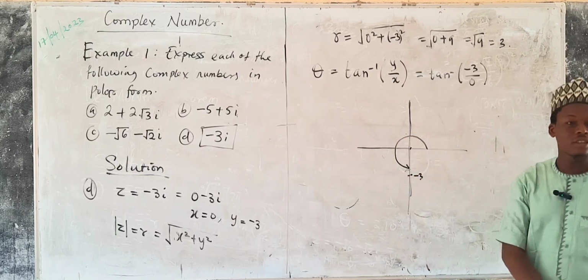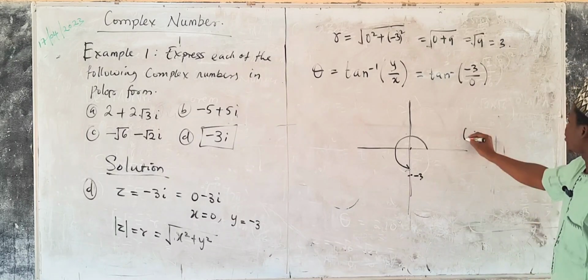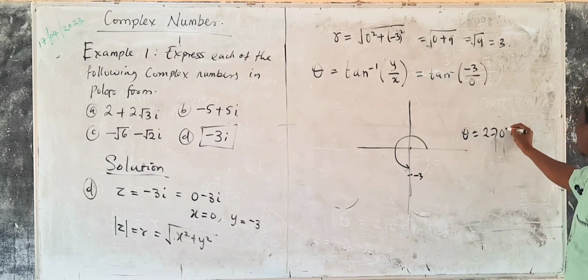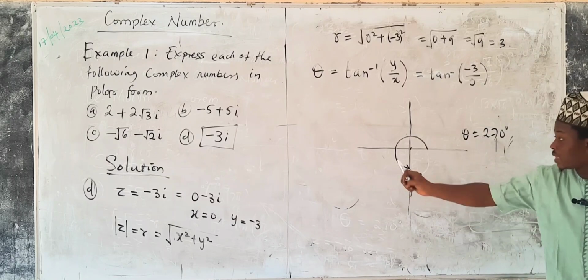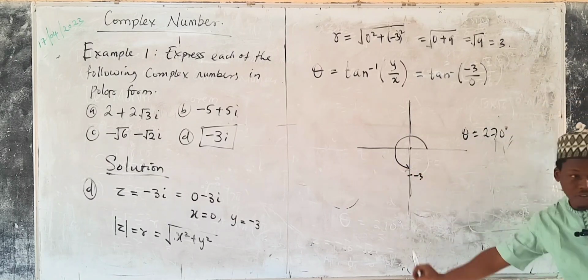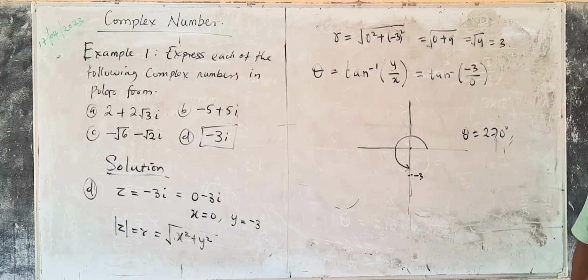So what's your theta? 270. So your theta is 270. Take tan of 270. That is why when tan reaches this place, it's giving a curve. So our theta is 270.